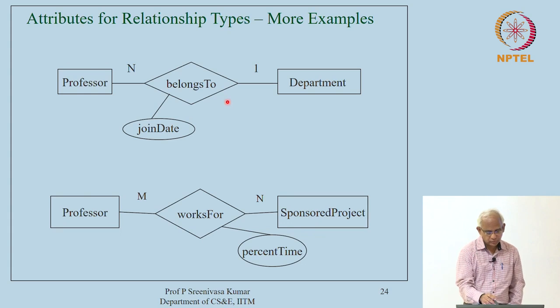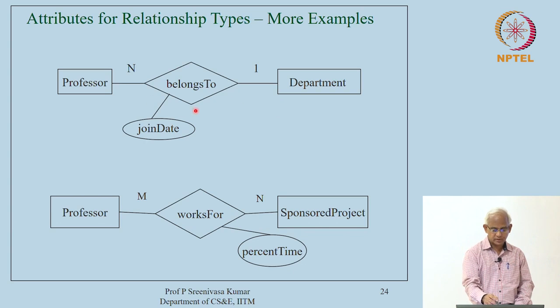Now, for example, professor belongs to department, it is a many to one relationship that we looked at earlier. The join date could be a possible attribute as to when the professor joined that particular department, which is a natural attribute because he is associated with the department.